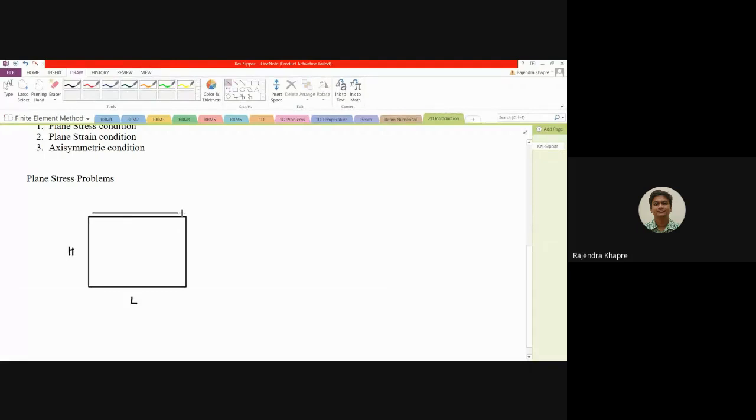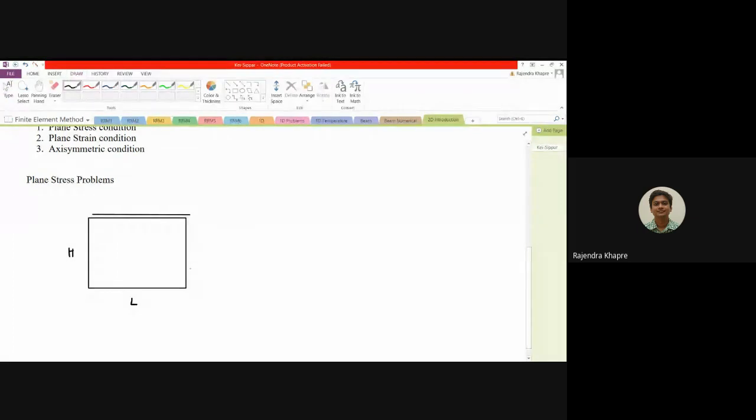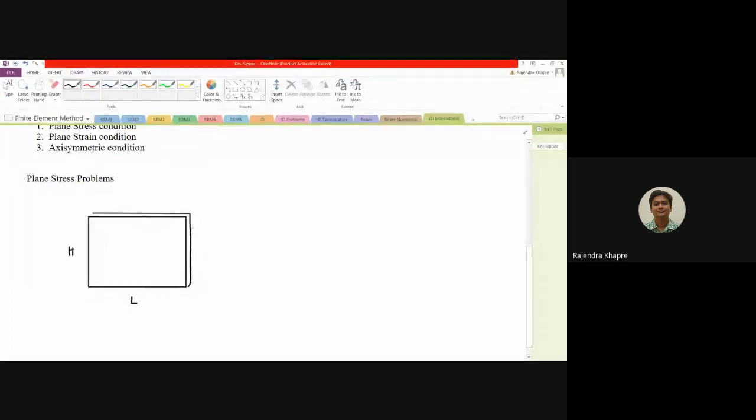In case of plates, this thickness will be very, very small, as compared to the other dimensions like L and H, which are relatively large. Let me draw a straight line like this. You can see this is a simple plate.